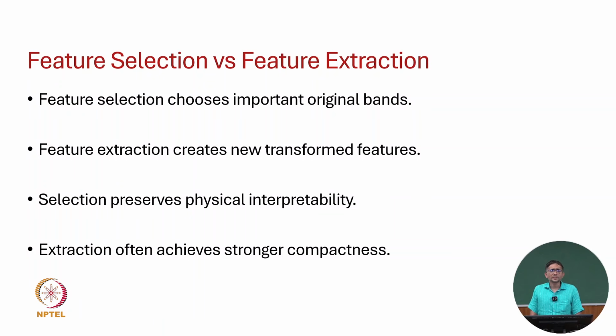The other possibility is feature extraction. So what's happening is that in the case of feature selection, we are choosing the important original bands, whereas in the case of feature extraction, or you can also call it transformation, we are creating new transformed features.